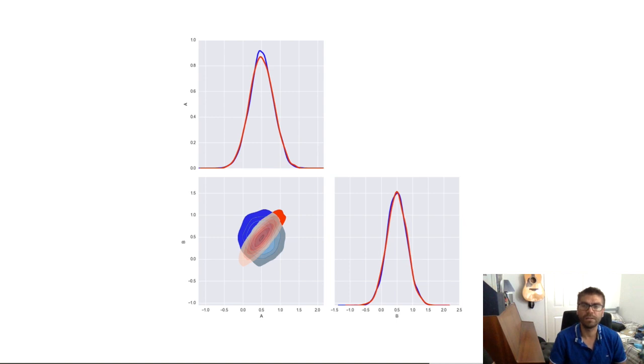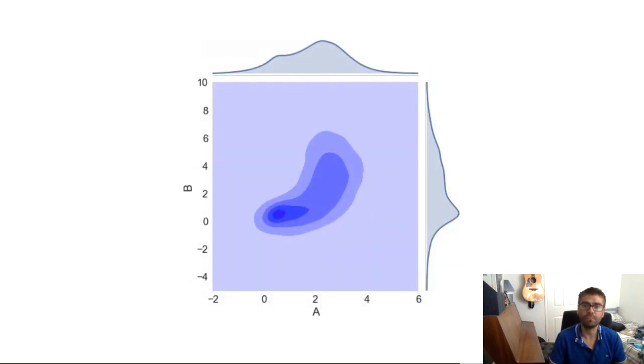And here we're highlighting the difference in the information loss between blue and red. Capturing the full posterior probability distribution allows us to capture any correlations between parameters, and that correlation is information.